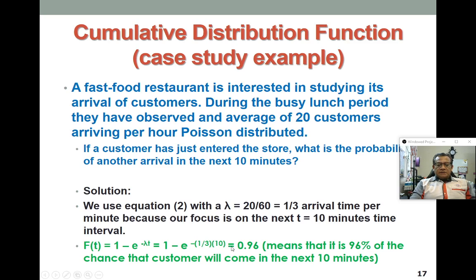Your calculation will give a probability of 0.96. This means there is a 96% chance that a customer will come in the next 10 minutes, by 12:10. That is how to calculate based on the Poisson distribution method.